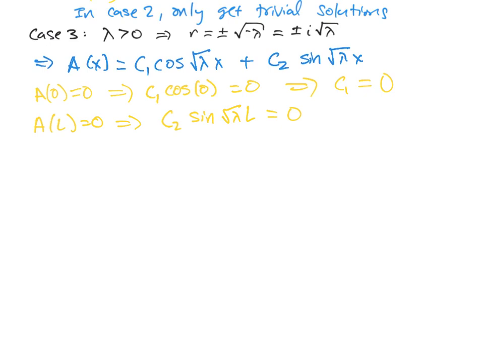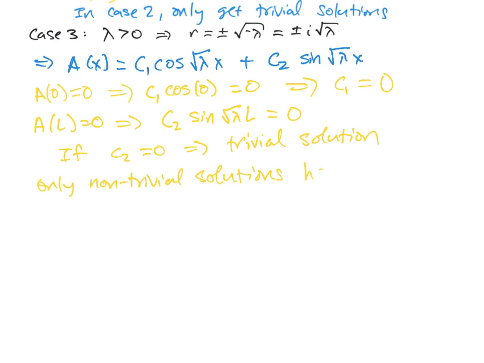So if c2 equals 0, then it's a trivial solution. And so in order to get non-trivial solutions, that will only happen if the sine term is 0.